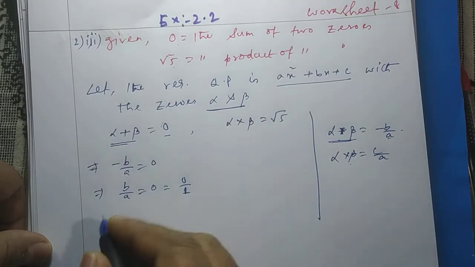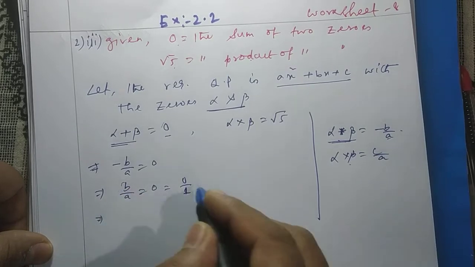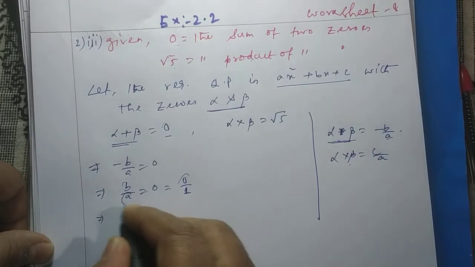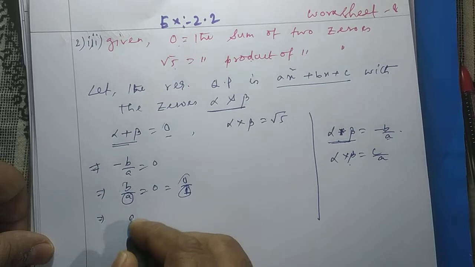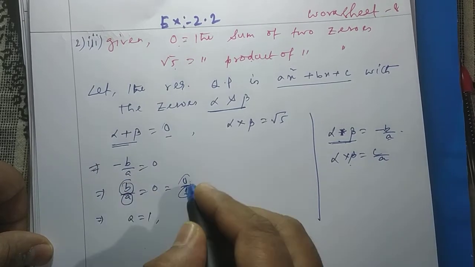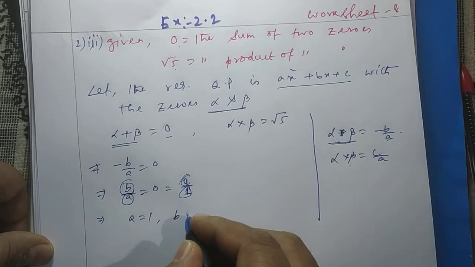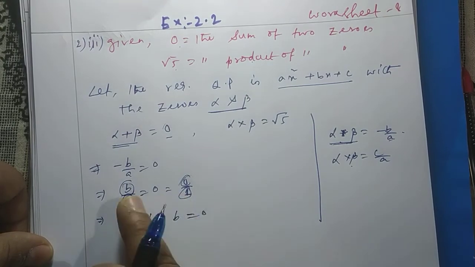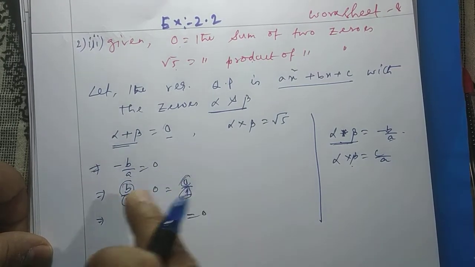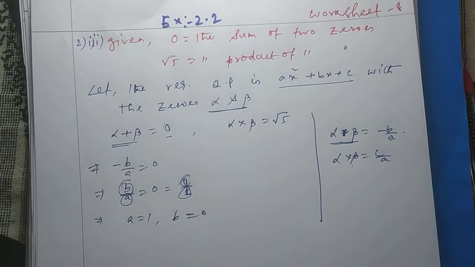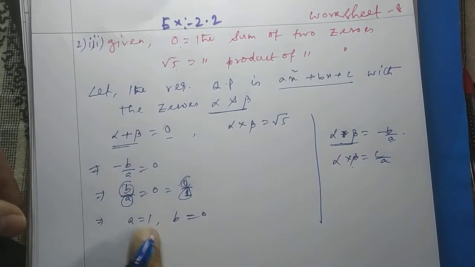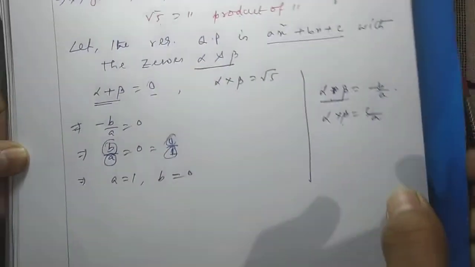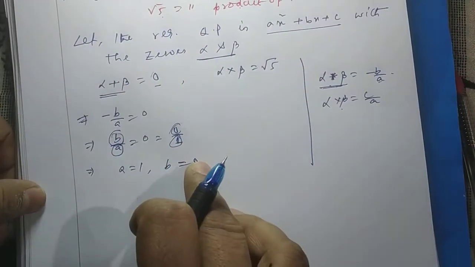Correct? Now on comparing both sides we get a equal to 1 and b equal to 0, right? Means we are comparing numerator to numerator and denominator to denominator, correct? So in this way we are getting the value of a and b. We got a equal to 1, b equal to 0.